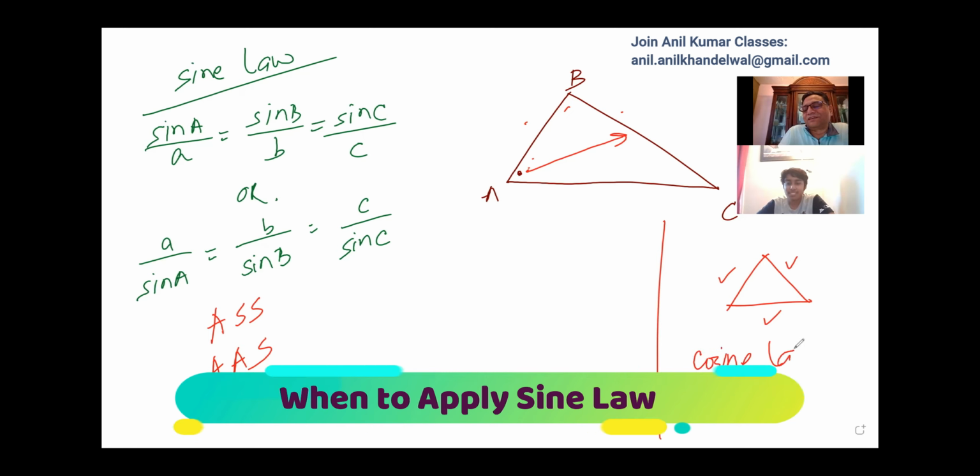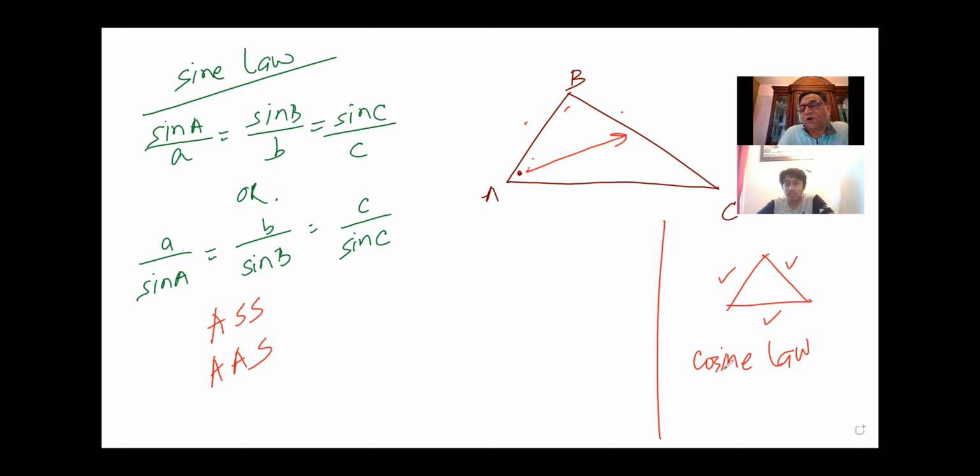Yes, we'll take it in the next class. Or if I give you a triangle with two sides and the included angle, now I do not have this combination of opposite side, so you cannot use it. I still have to use cosine law. So for SSS and for SAS, I cannot use it.